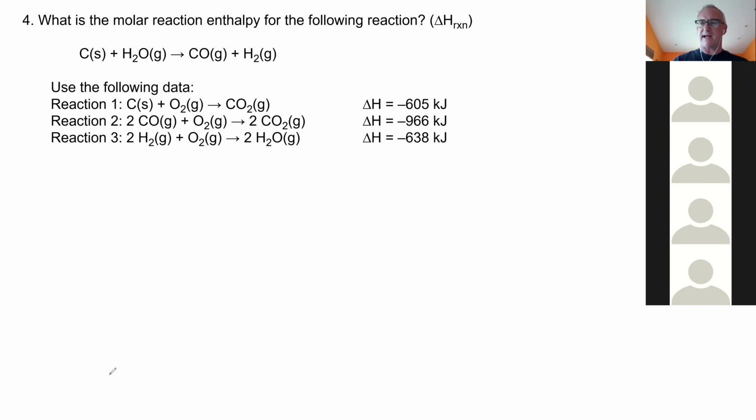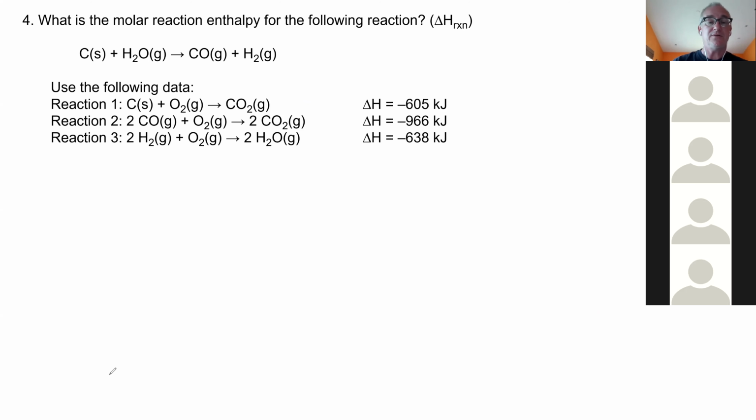I can cancel those out. And whatever reaction I'm left with, I can add all of those heats together and calculate the heat of the reaction that's left. So I can take like 10 reactions, add them all together, cancel out all of the reactants and products that are the same on each side, and just add all the heats.